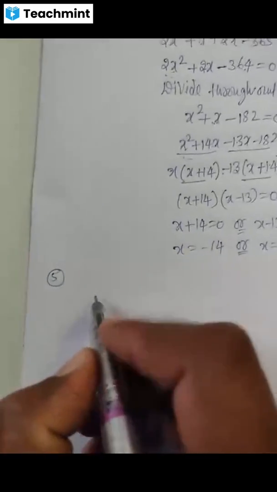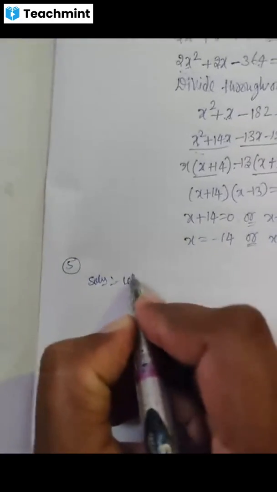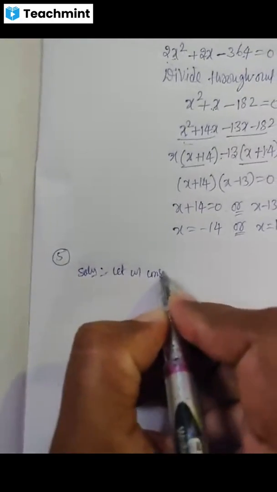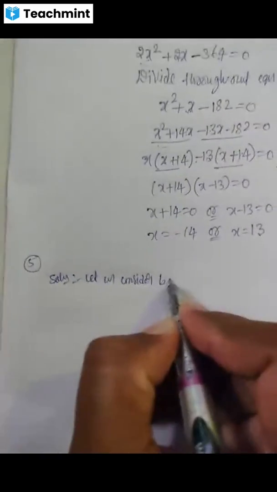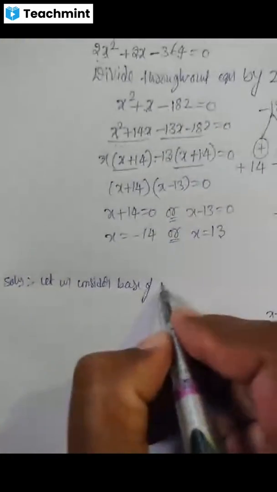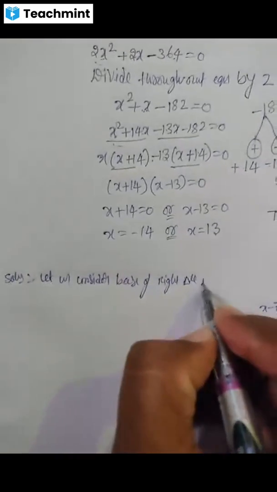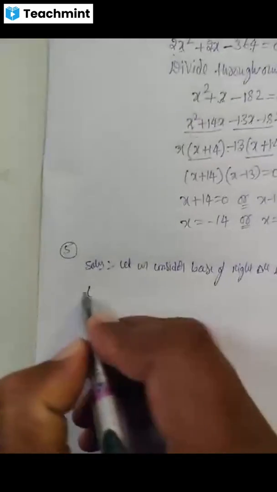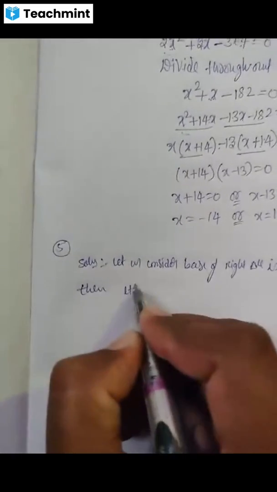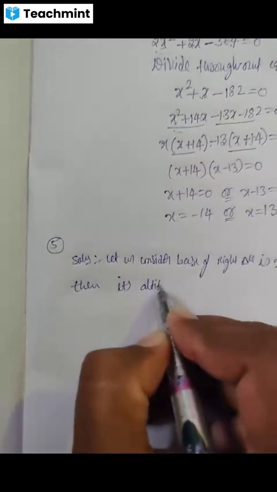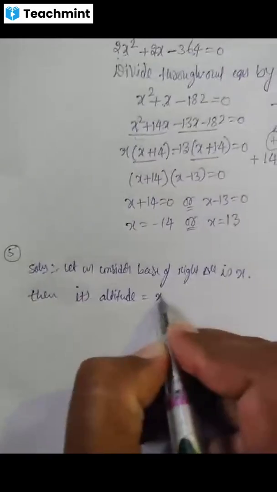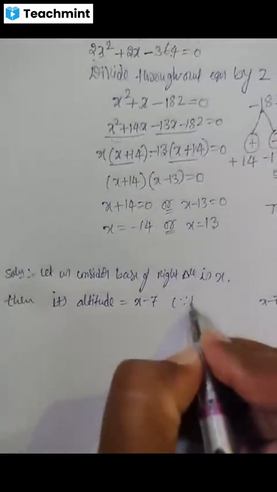Solution. First let us consider the base of the right triangle is x, then its altitude is equal to x minus 7, because of the data they have given.